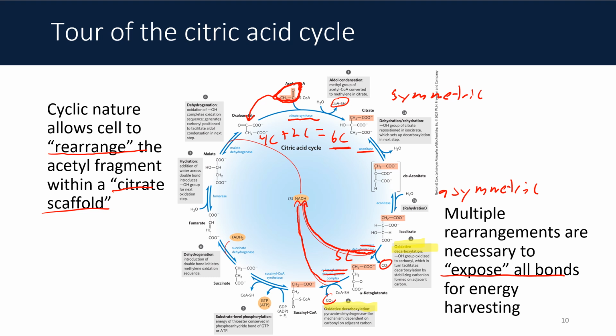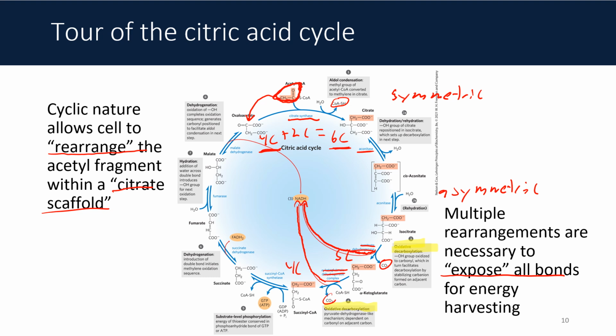This is going to leave us with the substrate succinyl-CoA, which is a 4-carbon compound. And hey, we started with 4 carbons back up here with oxaloacetate. We have removed 2 carbon equivalents halfway through the cycle.